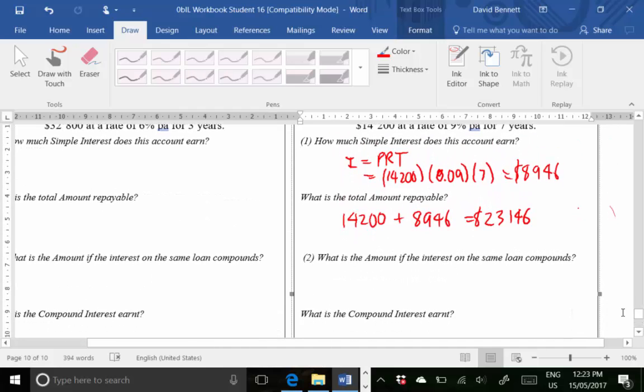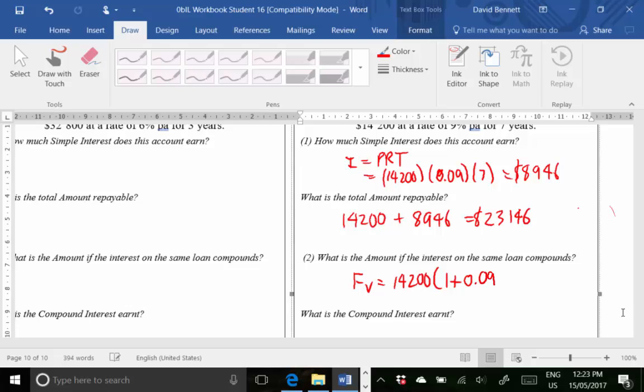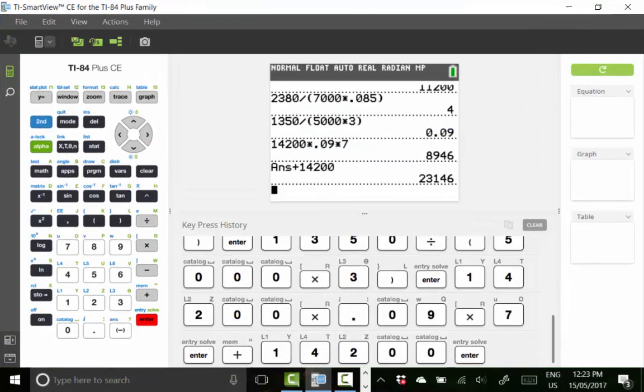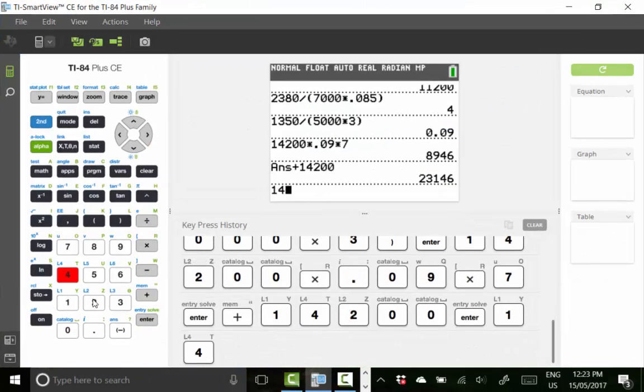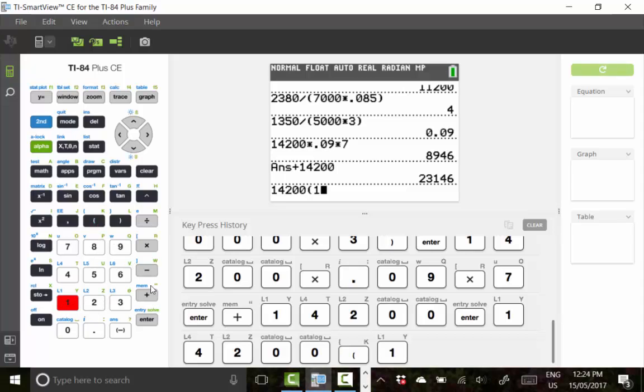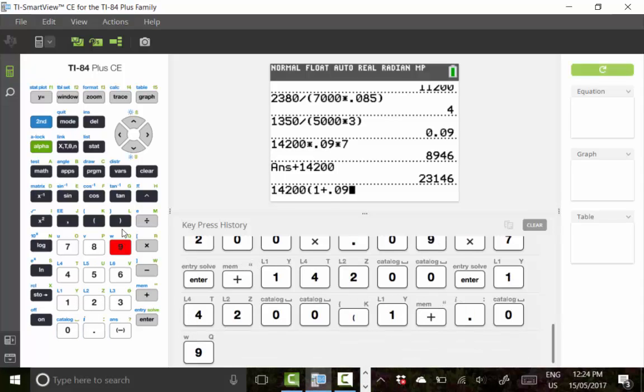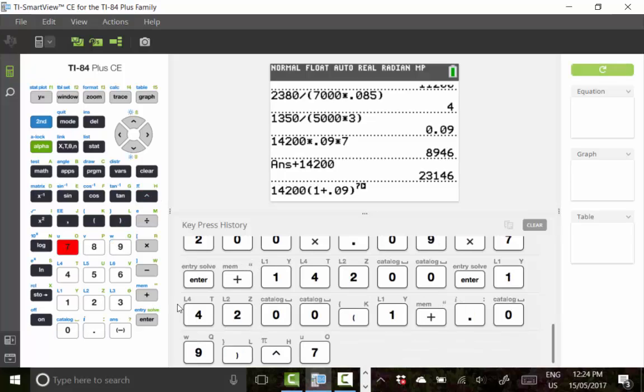The future value is equal to our principal, which is 14,200, times 1 plus the rate, which is 0.09, to the power of 7. So in our calculator we've got 14,200, bracket 1 plus our rate, which is 0.09, and then to the power of 7.